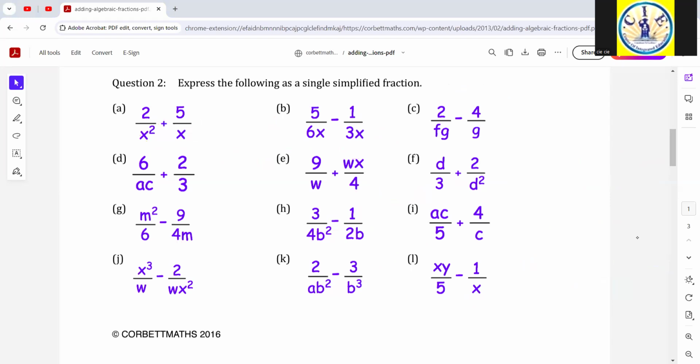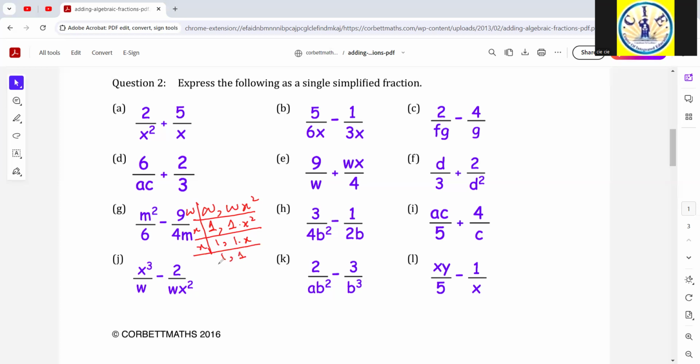Now we are doing some other part. Let it be part J, for example. Now we need to see that the denominators are not the same, so we need to take their LCM. W and Wx square are the denominators. Taking their LCM, w ones are w, 1 times x squared, and then x, and another x.